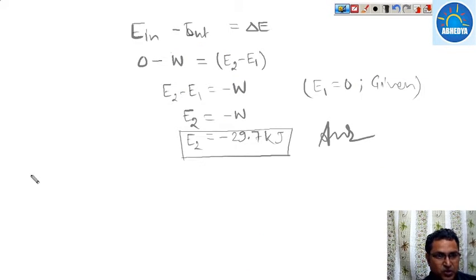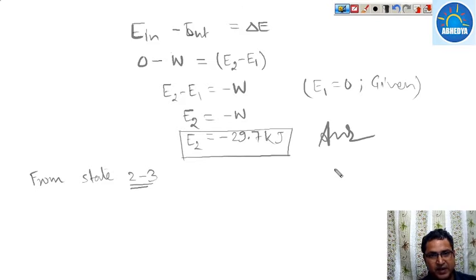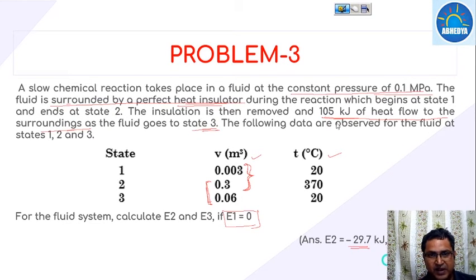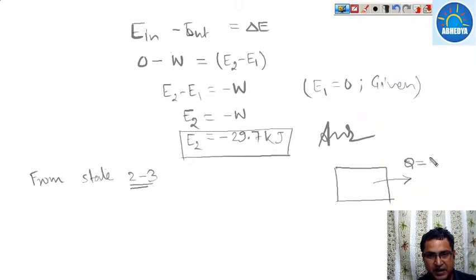So from state 2 to 3, it has been given that heat is coming out, Q out, and its value is 105 kilojoule.